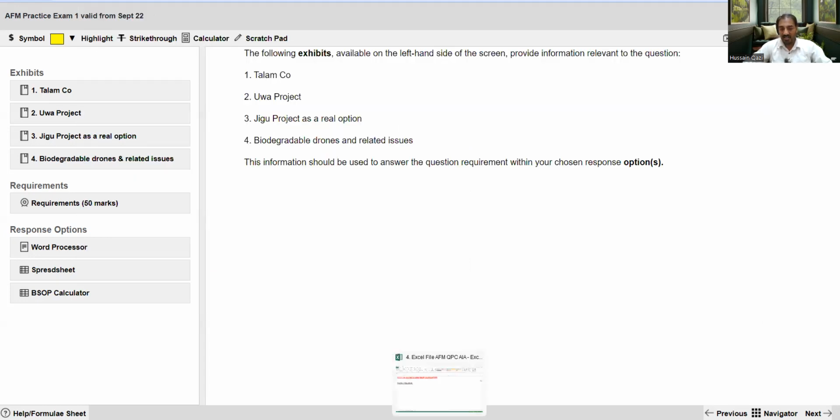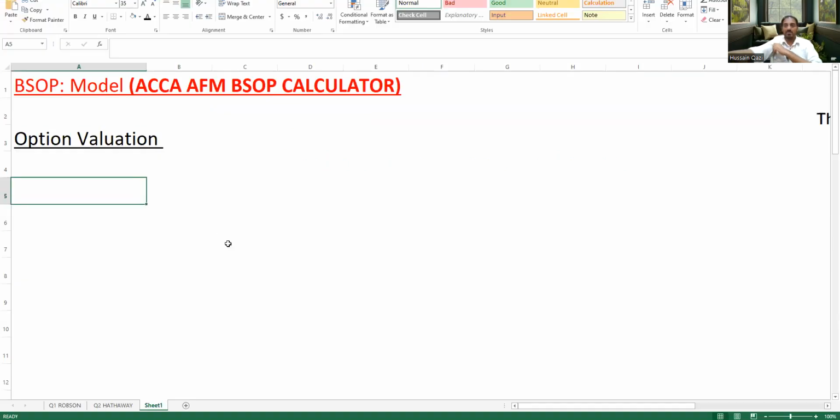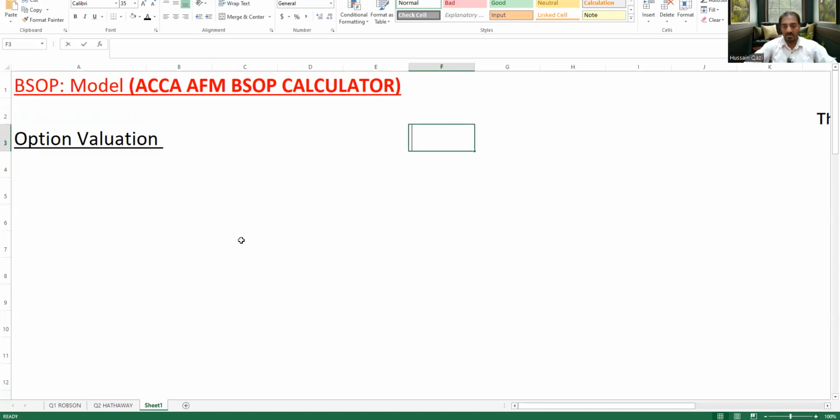Now, the very first thing for today's session with your AFM subject: the first topic you need to cover is option valuation. Number one, you must know option valuation.